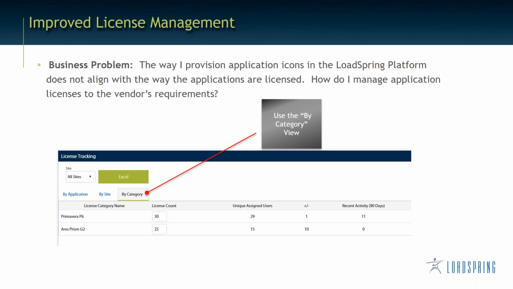And what you're looking at on the screen is the license tracking report. Most people don't know about the by category submenu that's in the license tracking report.